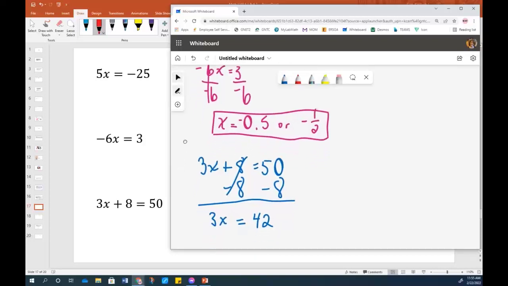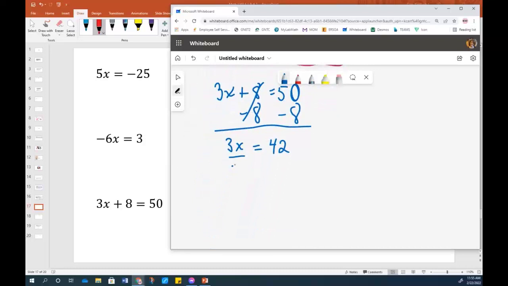If 3x equals 42, then I want to divide both sides by 3. And x is equal to 14. So again, that means 14 times 3. Well, 14 times 3 is 42, and 42 plus 8 is 50.